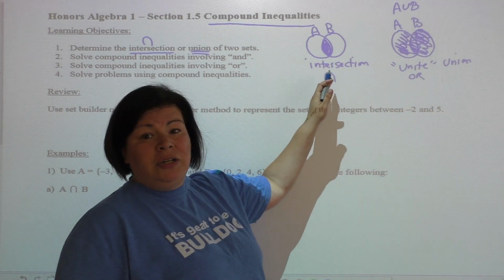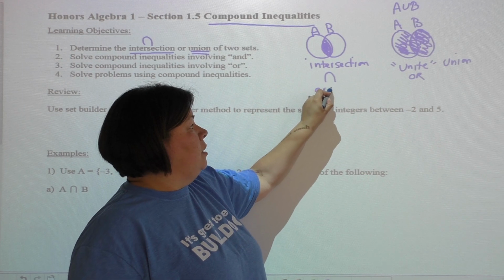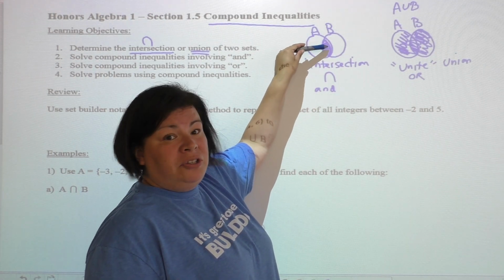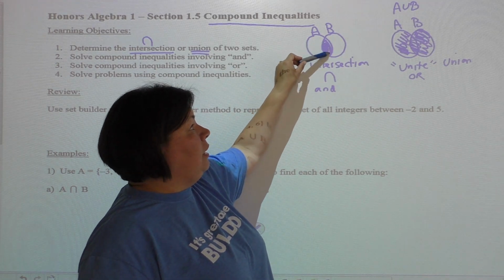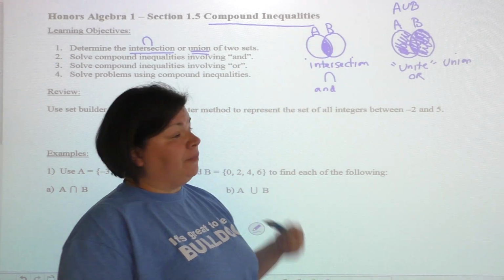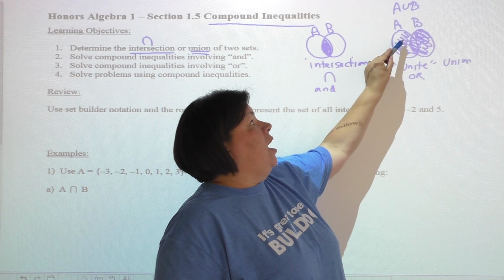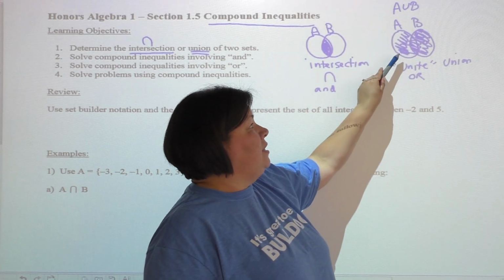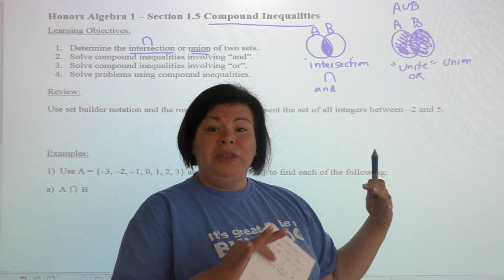So for intersection, we're talking about the word and. So where are all the elements of A and also in B? They're only here in the middle where they overlap. When we're talking about the union of two sets, we're asking to unite them, put them together.